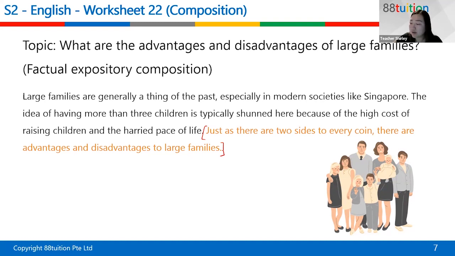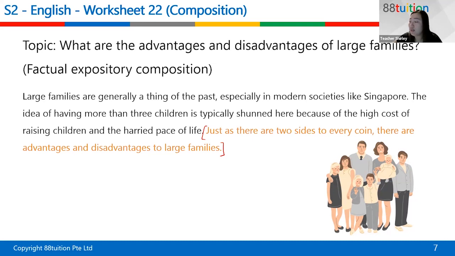Large families are generally a thing of the past, especially in modern societies like Singapore. The idea of having more than 3 children is typically shunned here because of the high cost of raising children and the harried pace of life. Just as there are 2 sides to every coin, there are advantages and disadvantages to large families.